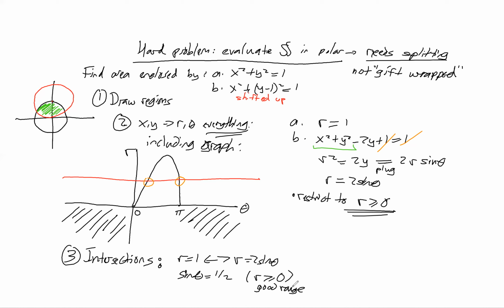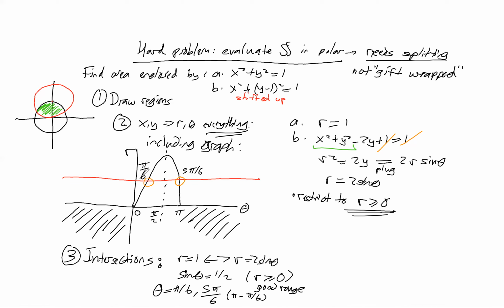So that happens when theta is pi over 6 or 5 pi over 6. If you have trouble seeing why it's 5 pi over 6, just note that it's pi minus pi over 6 because you have symmetry over pi over 2. Okay, so we have our intersections at pi over 6 and 5 pi over 6.